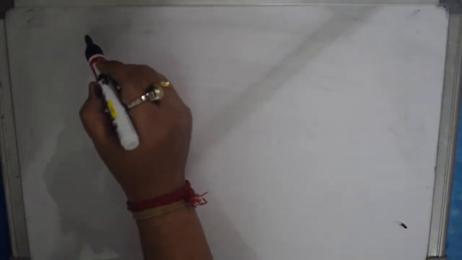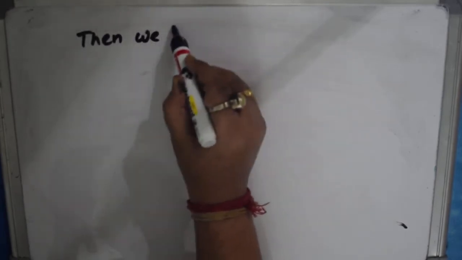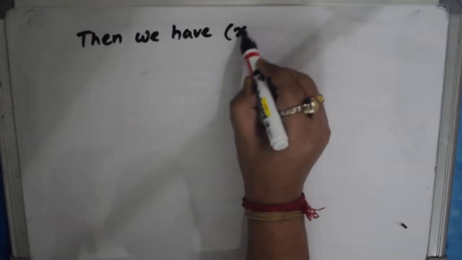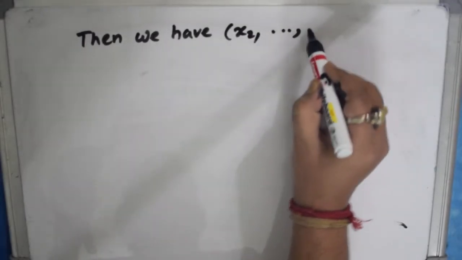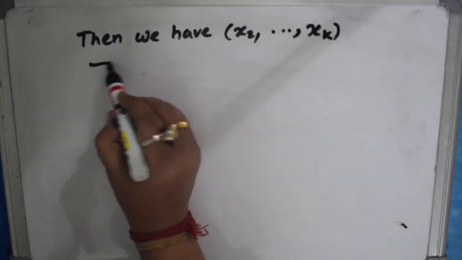Suppose x1 entered. Then we have x2, ..., xk explanatory variables.